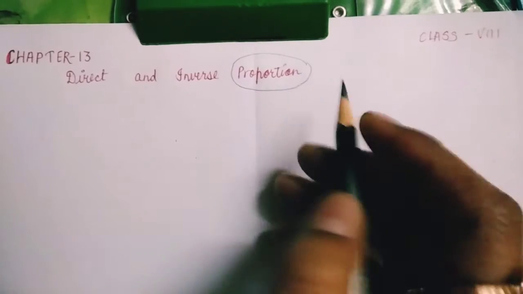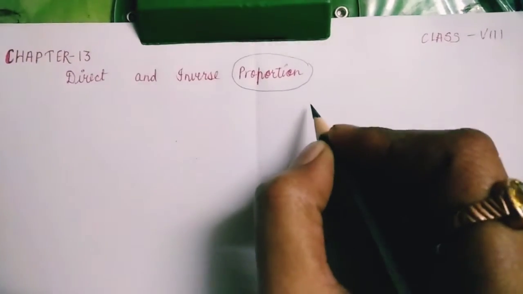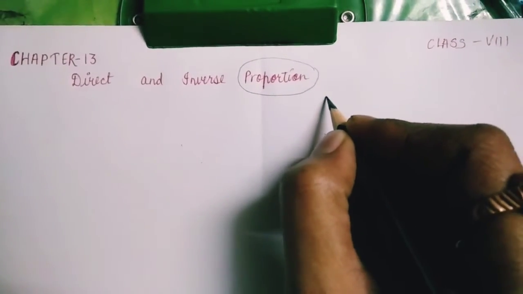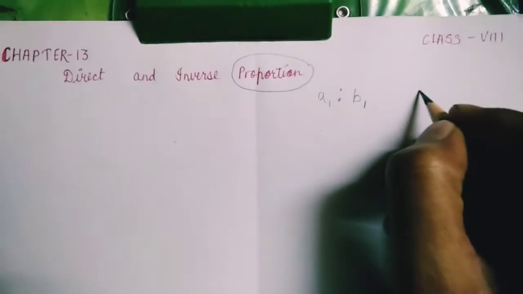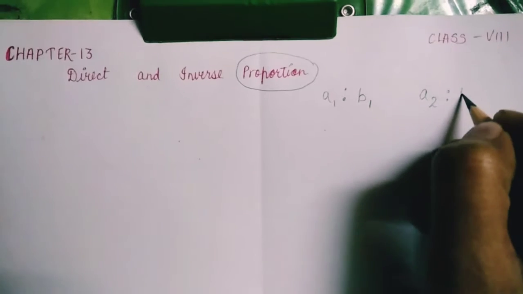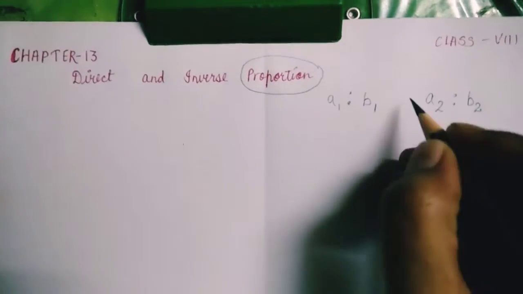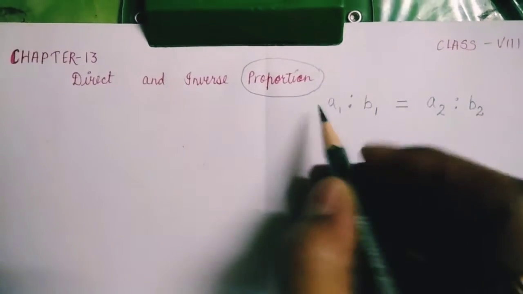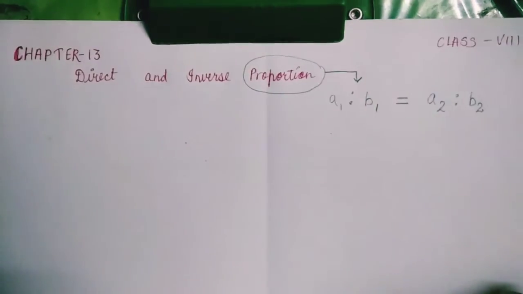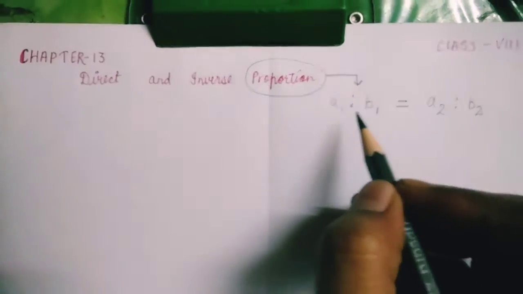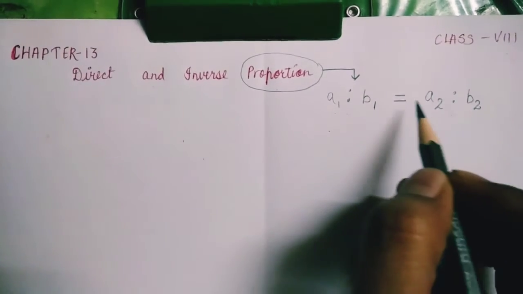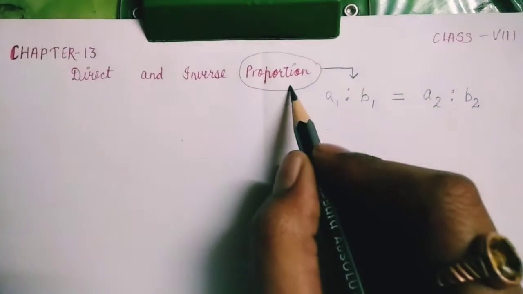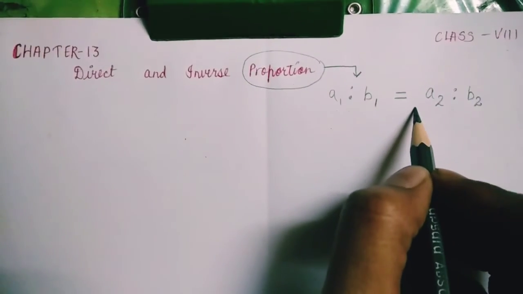Proportion means when we compare two ratios like A1 ratio B1 and A2 ratio B2 with an equality symbol, it is known as proportion. When we compare two values with each other with an equality symbol, it is known as proportion.